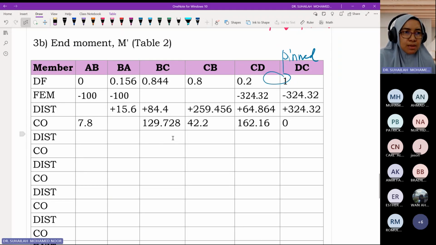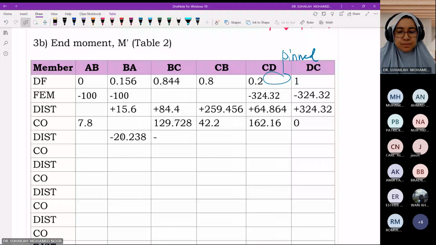So the second distribution, joint B. Joint B is positive now. This is positive, so the answer is negative. 129.728 times 0.156 gives 20.238. Okay, this one, the total is 0.